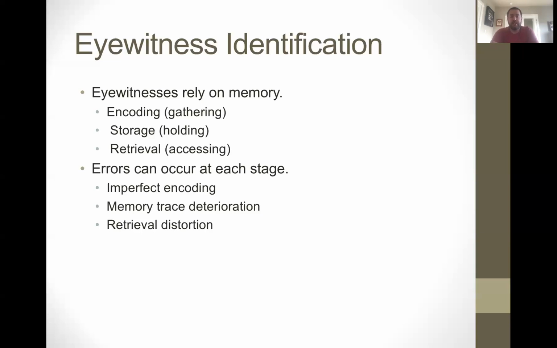Memory trace deterioration. So memory trace is essentially something that we can use as a storage slash retrieval cue that allows us to better store things and better retrieve them. Now, over time, those will deteriorate. And they might also alter, right?